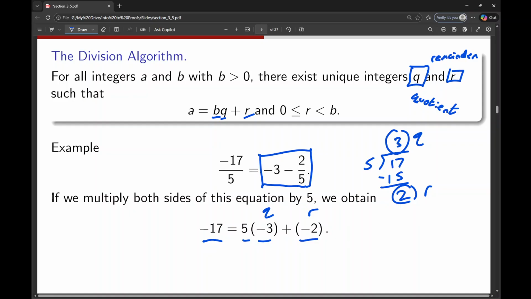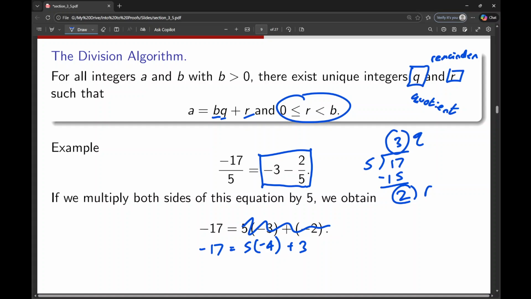But this is wrong because we want r to be positive. So instead we would write -17 equals 5 times -4 plus 3.